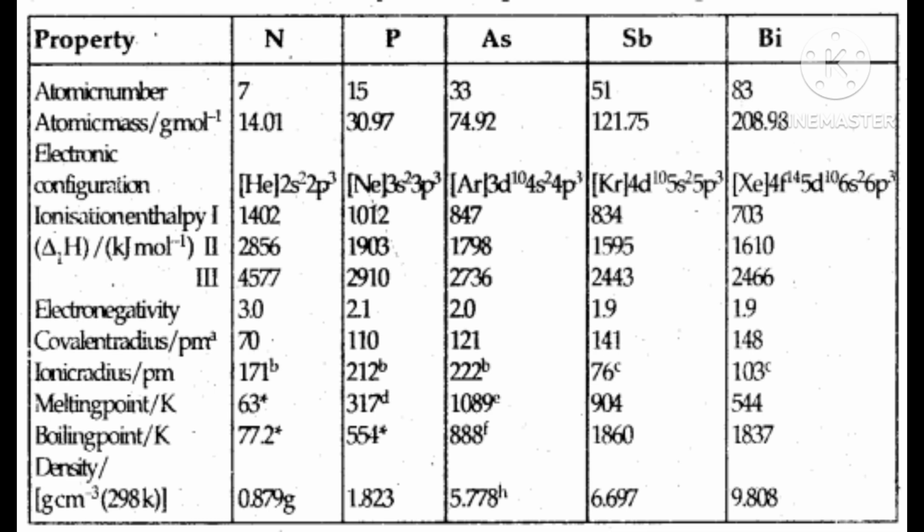This group of elements shows a wide variation in properties. Boron is a typical non-metal. Aluminium is a metal, don't forget, but it shows many chemical similarities with boron.